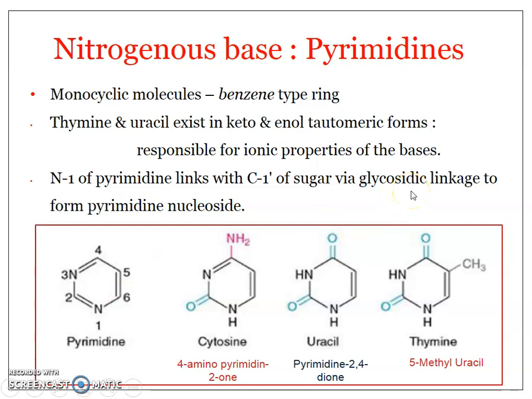So pyrimidine forms a glycosidic bond by way of N1 of the pyrimidine linking to the first carbon of the sugar. Okay, and the base linked to sugar produces what is known as a nucleoside. And when the base is a pyrimidine, the nucleoside is known as a pyrimidine nucleoside.